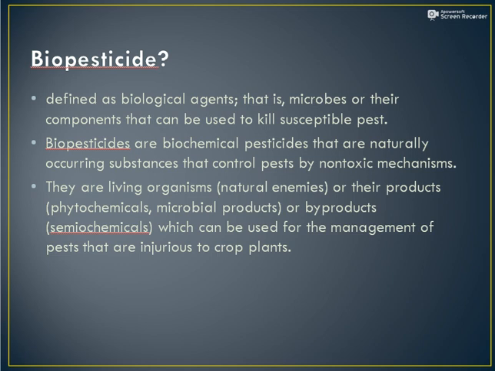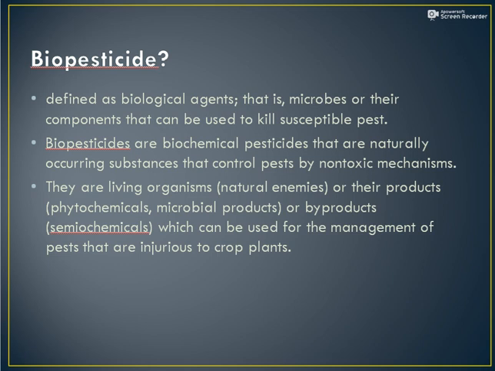Now this biological agent could be either a microbe, so it becomes a microbial biopesticide, or sometimes it could be a plant derived product such as a plant derived biochemical agent. So in such cases, you can define biopesticides as biochemical pesticides that are naturally occurring substances that control pests by non-toxic mechanisms.